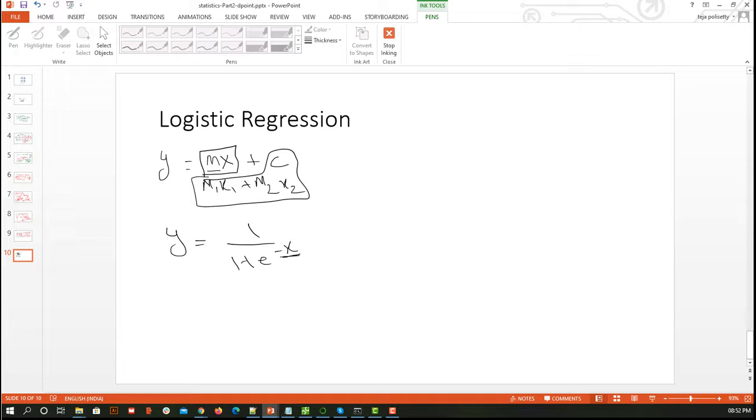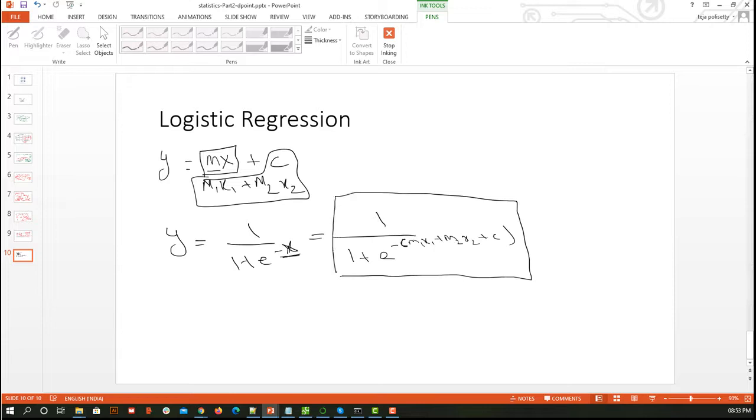Suppose we have two attributes, then it becomes 1 / (1 + e^(-(m1 x1 + m2 x2 + bias))), where the bias is the constant value. This function is known as the sigmoid function.